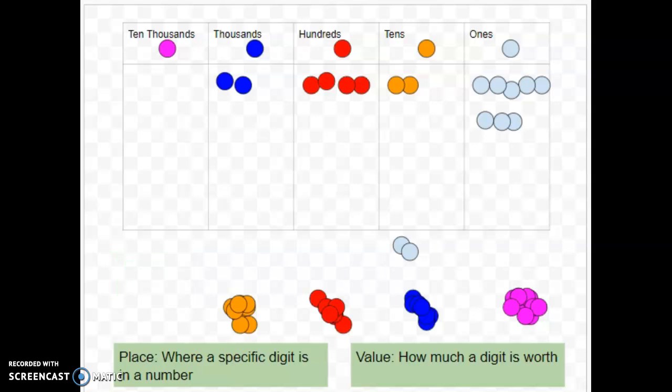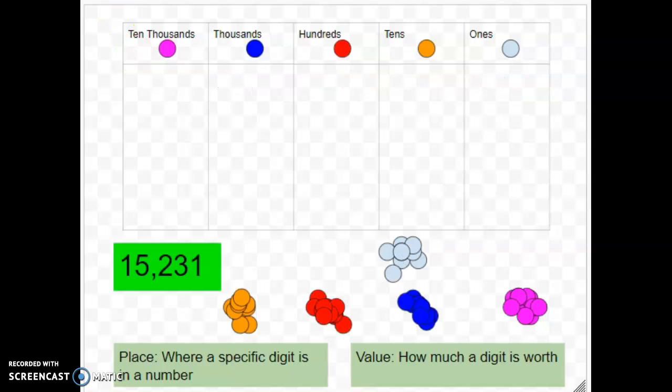All right, everybody, you guys are doing a really good job. So the next number we're going to do is going to go to the next place value. So our next number has the 10,000 digit, right? So we have our 1s, 10s, 100s, thousands, and then 10,000s.